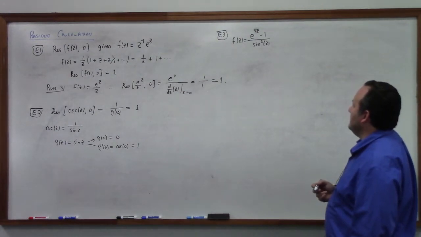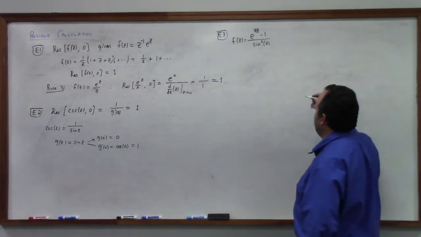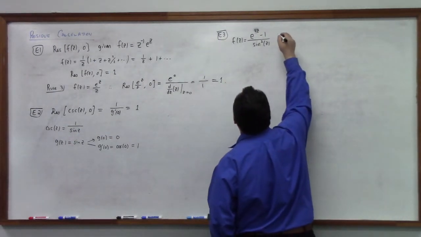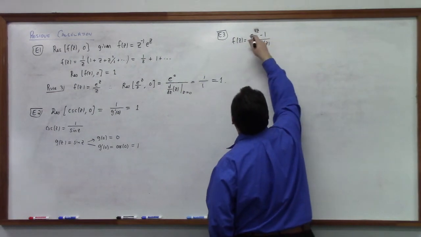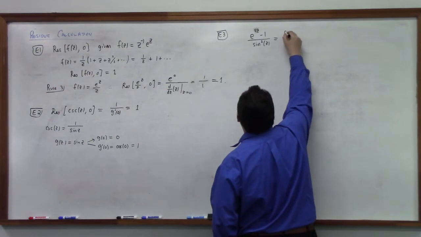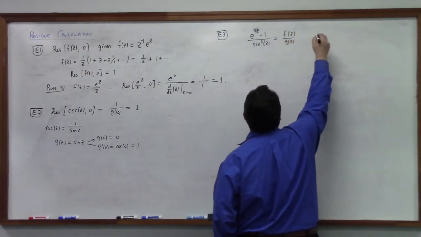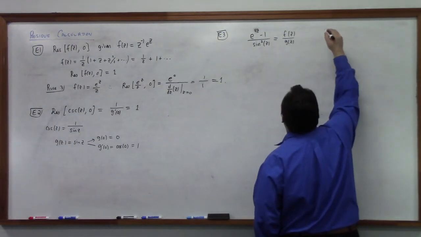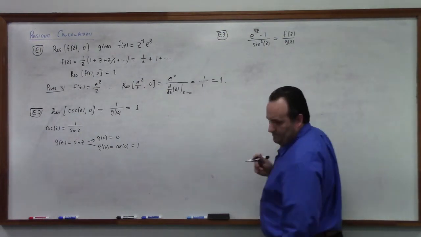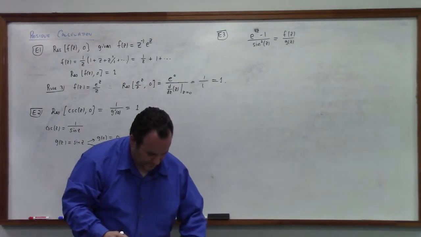Let's see here. So at 0, we can think of this, forget about the f of z here, and let's just say that this is f of z over g of z. And we're going to think about rule 3, right? Or maybe not even rule 3. Oh man, where'd it go?